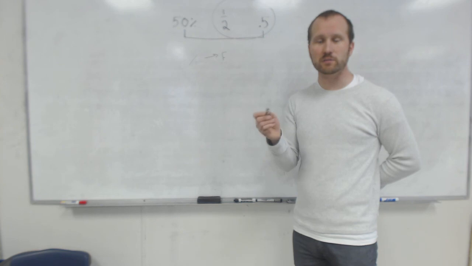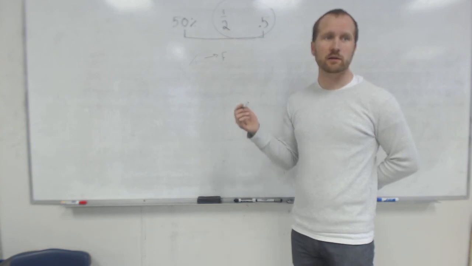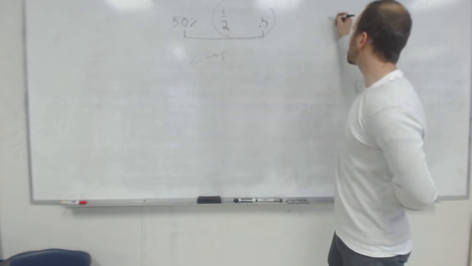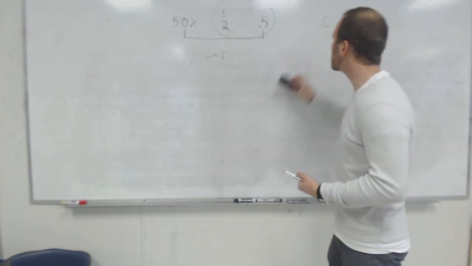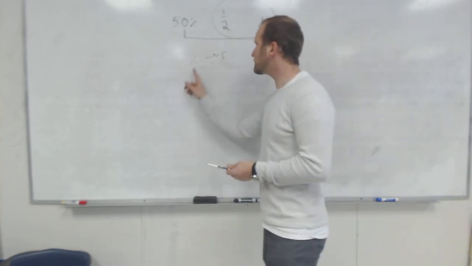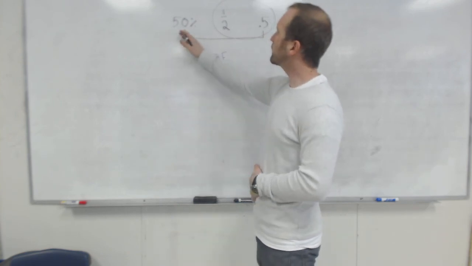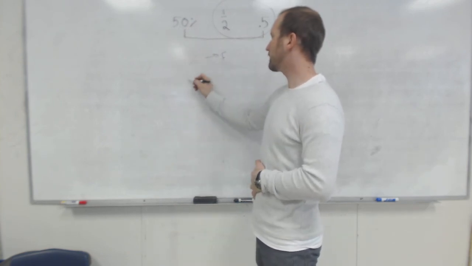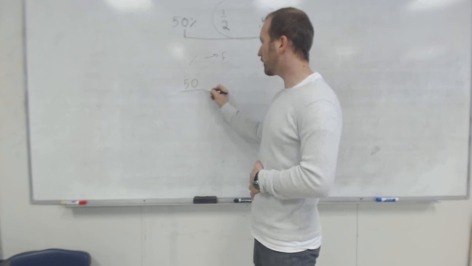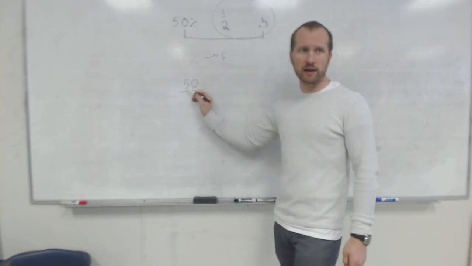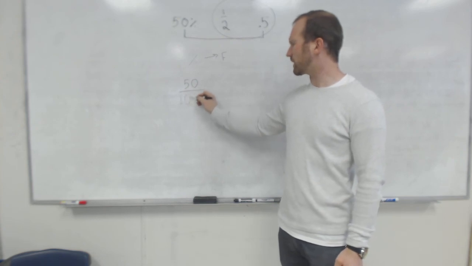Cent is a prefix meaning 100. The Roman numeral for 100 is the letter C. So cent means 100, and so per cent means per 100. So 50% really means 50 per 100.